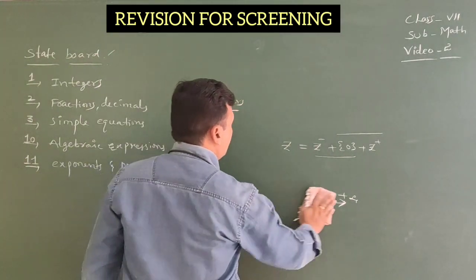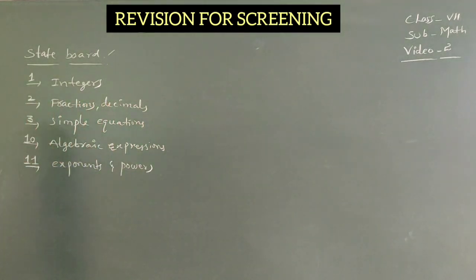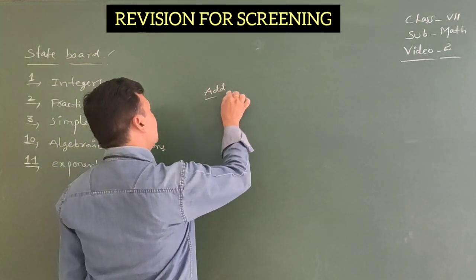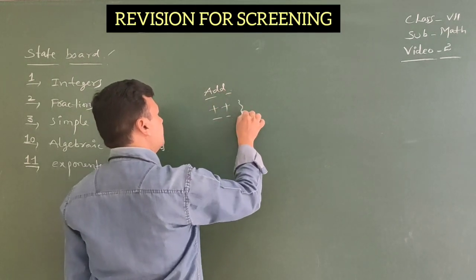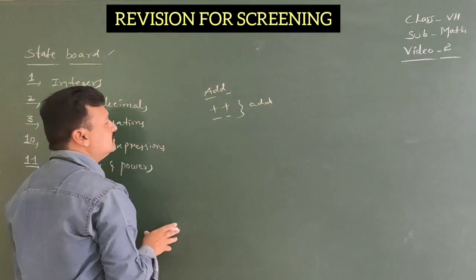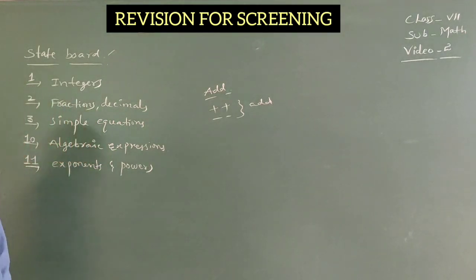Next, operations of integers. Addition. While we are adding two integers, if they have the same sign, add and assign the same sign. 2 plus 2, 4. Minus 2 plus minus 2, minus 4 only.